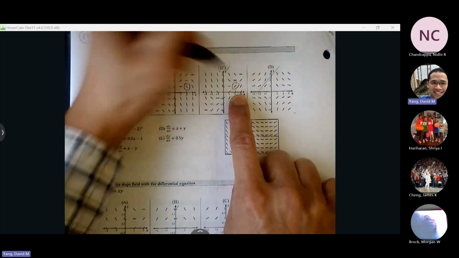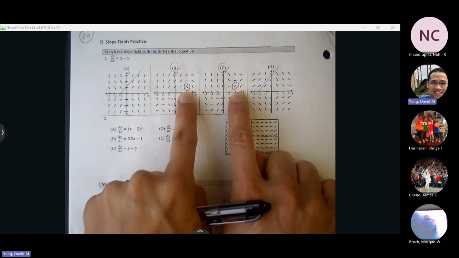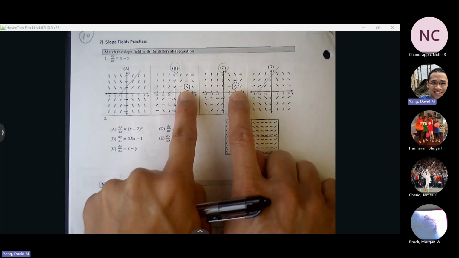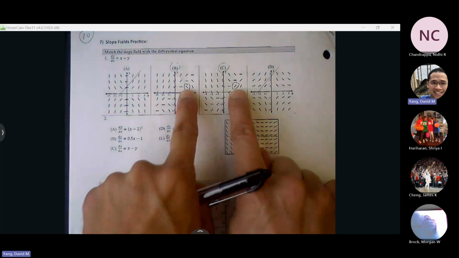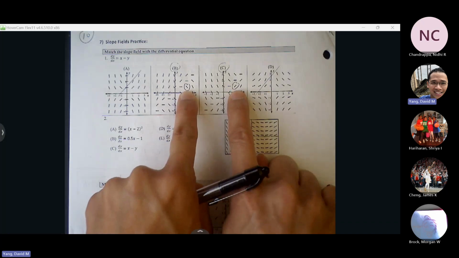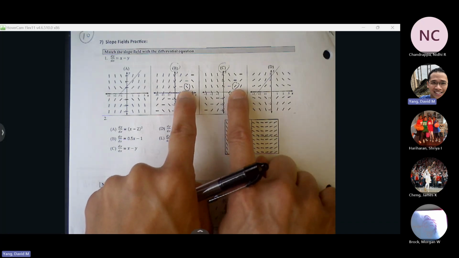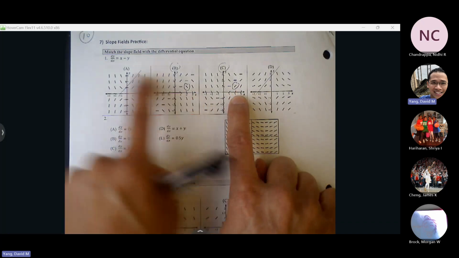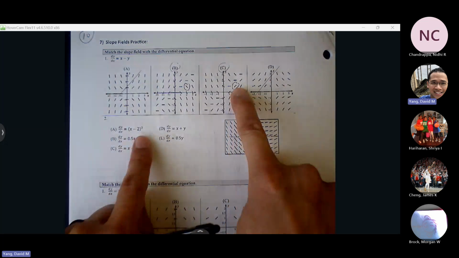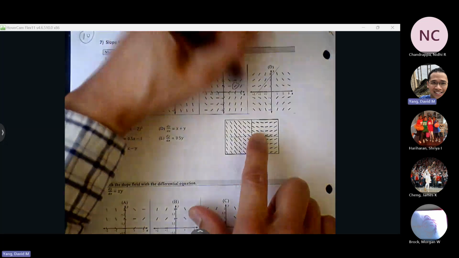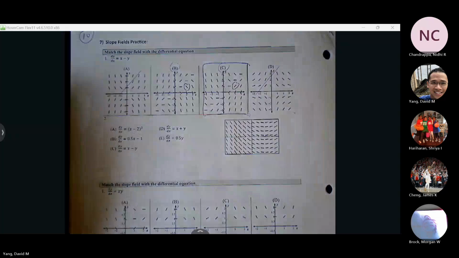At this stage, if you're down to two options, you can look at specific ordered pairs and see which one will produce the slope, even though you can't tell exactly what these slopes are. These are clear enough that one is negative and the other is positive. If I plug in ordered pair (2,1), I'm getting a positive slope, so I can narrow it down to this one.